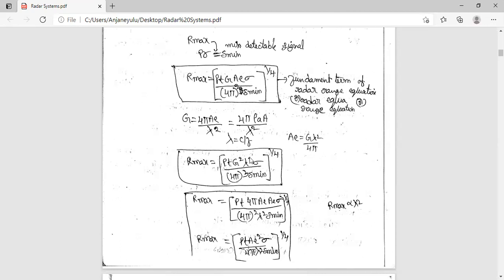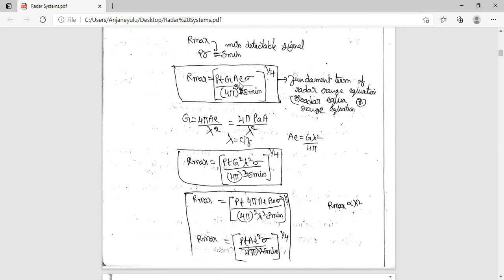If you substitute the G value in terms of 4 pi A_e by lambda squared, or the A_e value in terms of gain as G into lambda squared by 4 pi, then we get R maximum equals P_T into G squared.